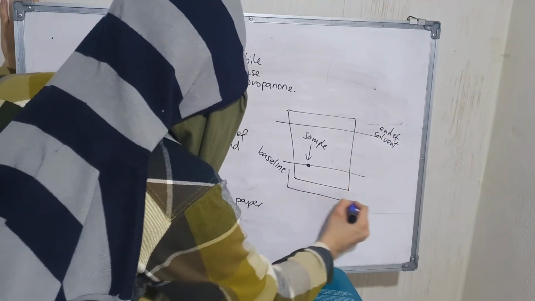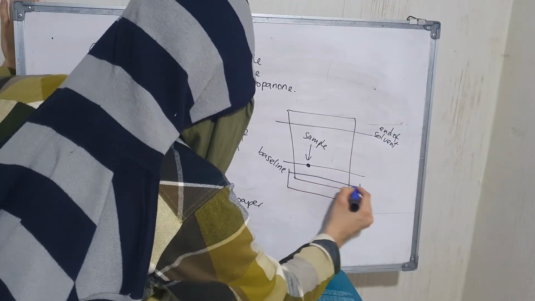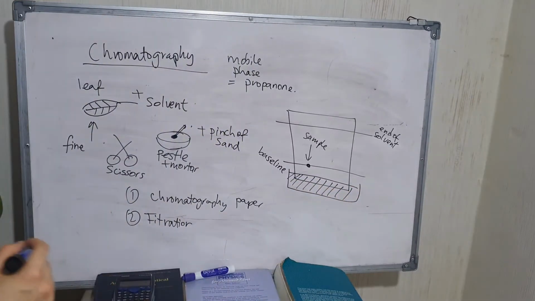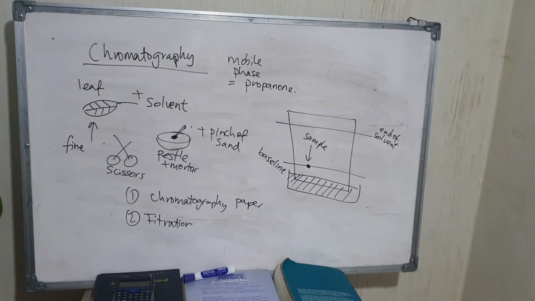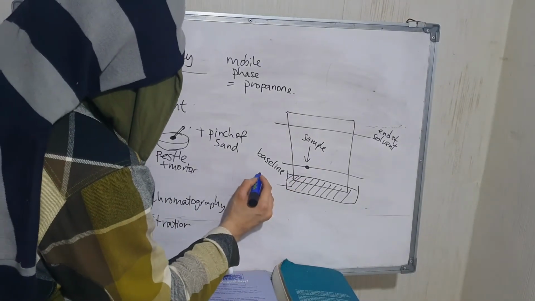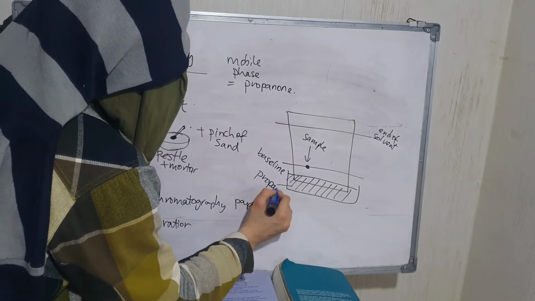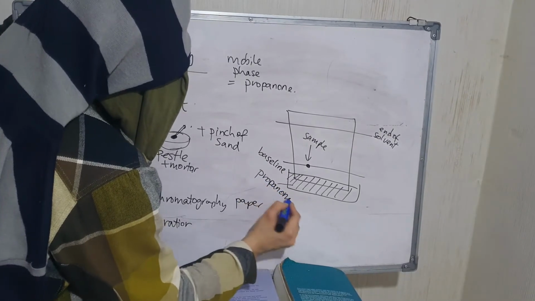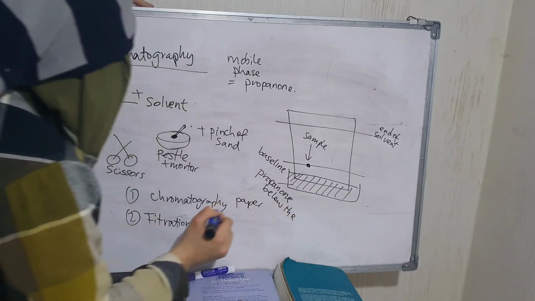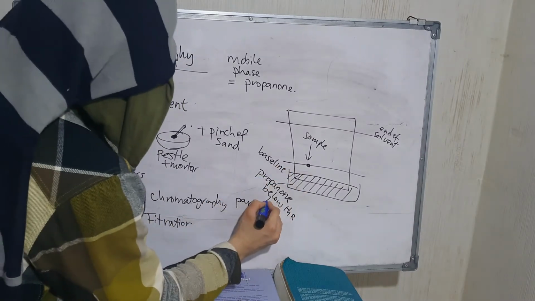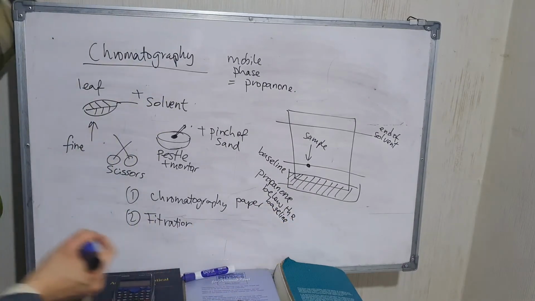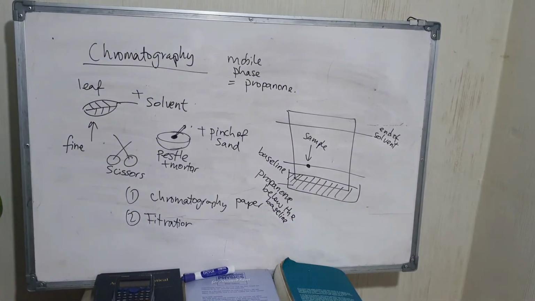And then this is the end of the solvent. It has to be below the baseline, hasn't it? So here is your solvent, here's your propanone, and it has to be below the baseline. Below the baseline.